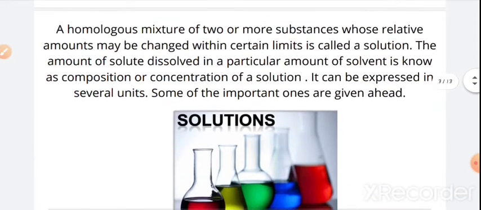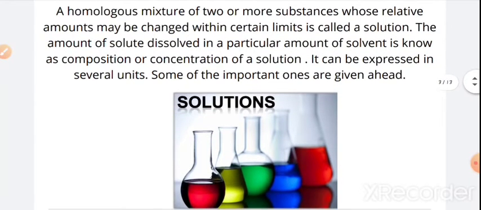So next is the same definition that I have told you. A homogeneous mixture of two or more substances whose relative amounts can be changed within certain limits is called a solution. The amount of solute dissolved in a particular amount of solvent is known as the composition or concentration of the solution. The solvent is the substance in which the solute dissolves and produces a homogeneous mixture.